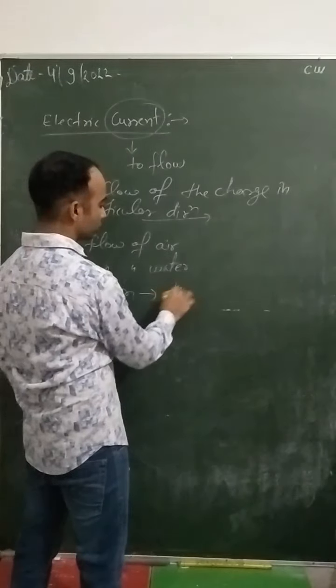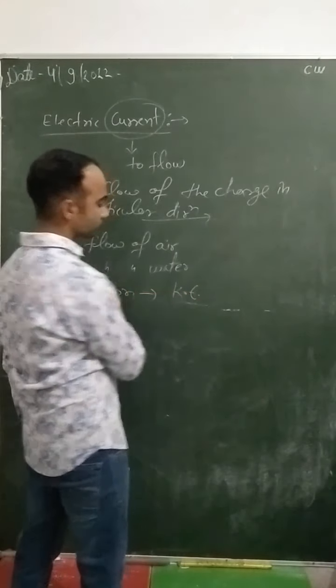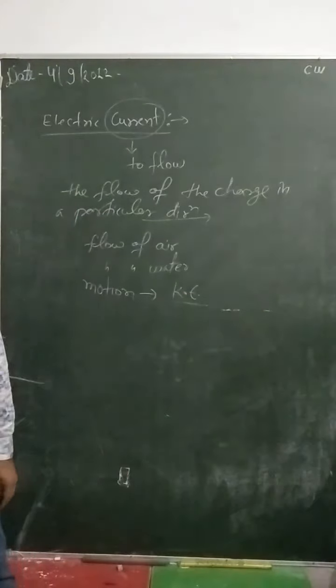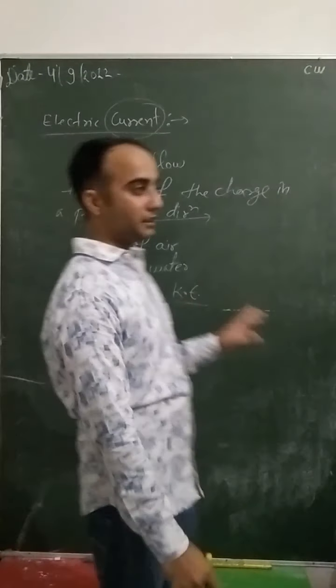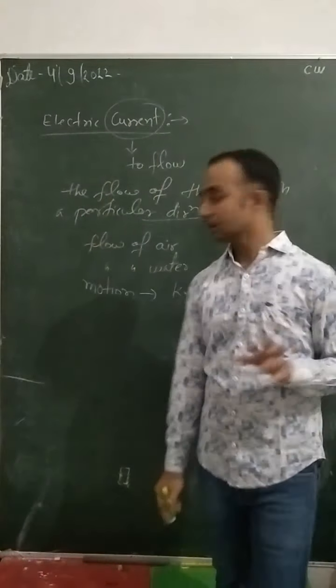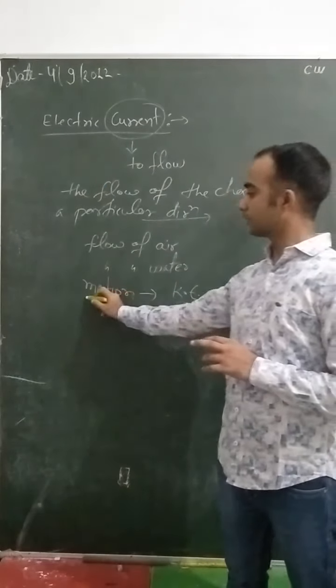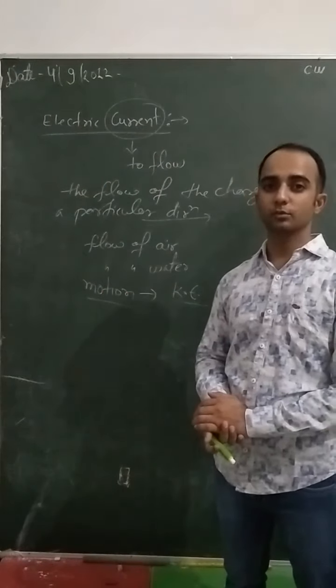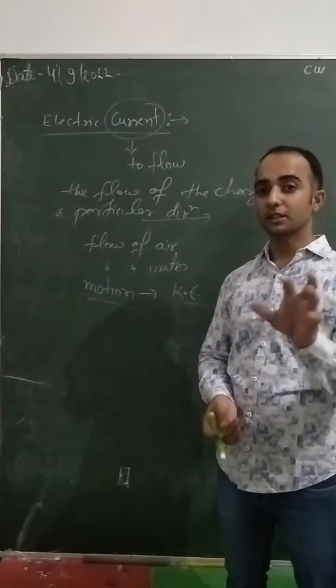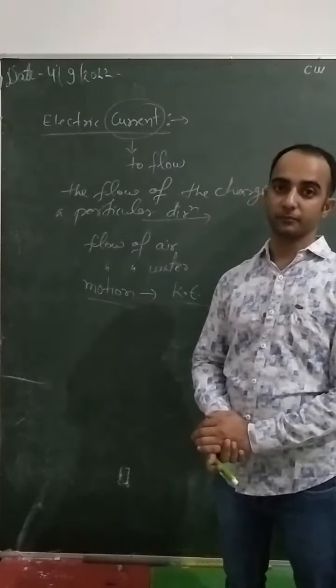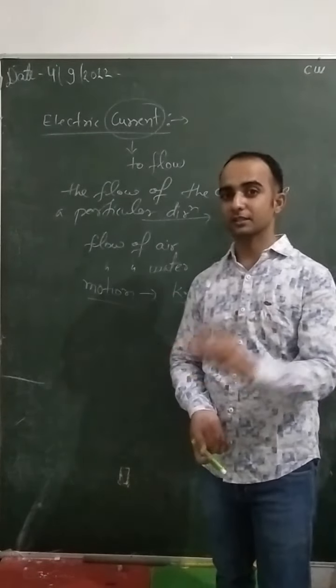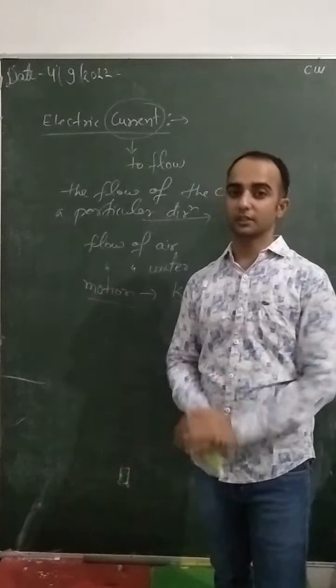That energy is called kinetic energy. If an object is in motion, it has some kinetic energy. If an object is at rest, then it has zero kinetic energy.